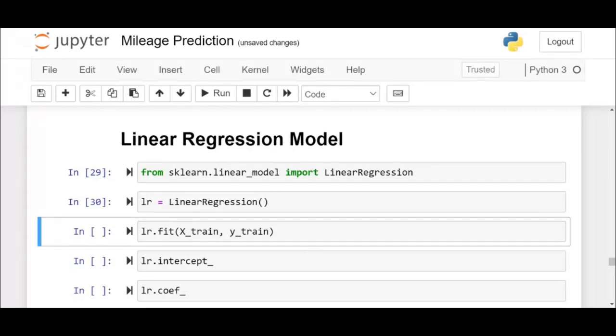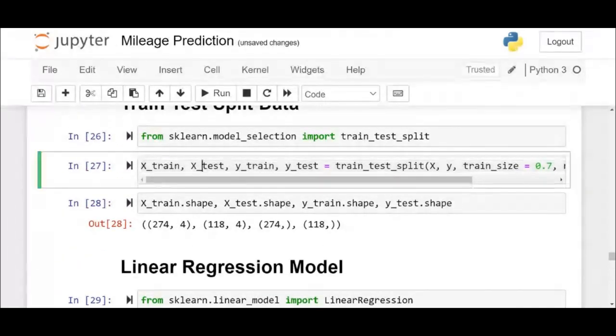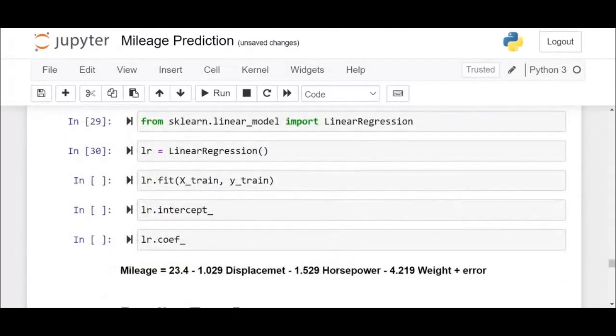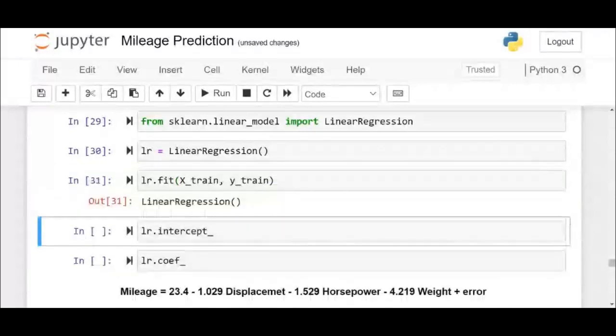Now we fit, or train, this model on our training data set. We got four data sets from splitting our original X and Y: X train and X test, and similarly Y train and Y test. For our learning purpose, we are using X train and Y train. So we have done it.